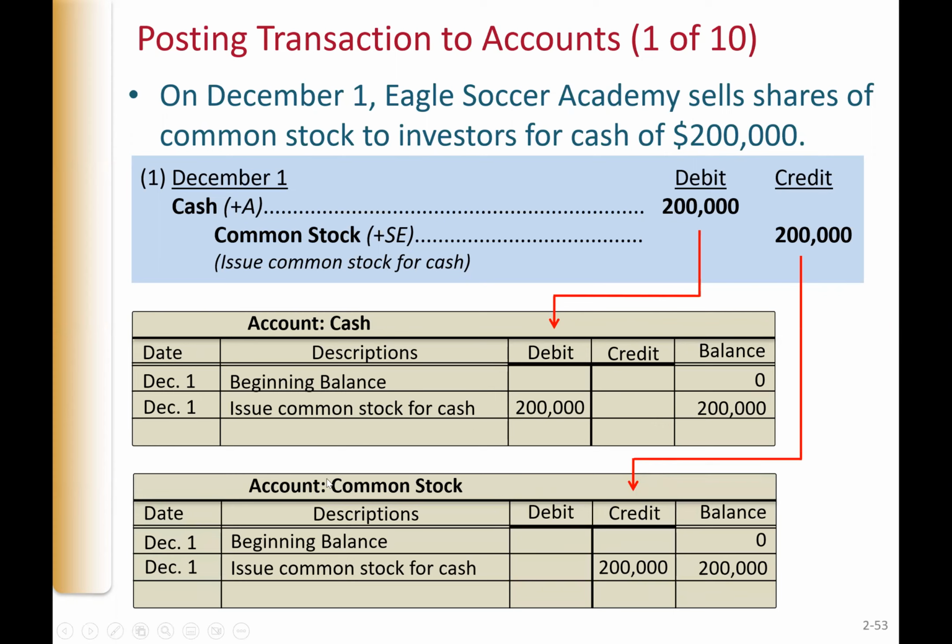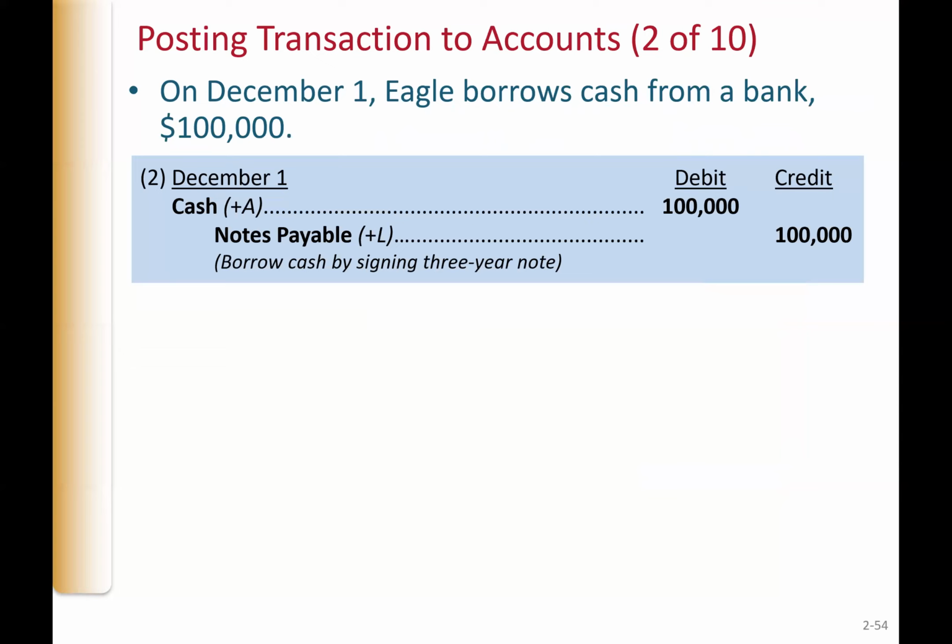We have an account, common stock, and since this transaction affected these two accounts, we post the cash here to cash. We show this credit to common stock over here. What this is trying to show you is these journal entries where we take and we measure a transaction and we record it. It doesn't stop there. These transactions ultimately end up in the various accounts.